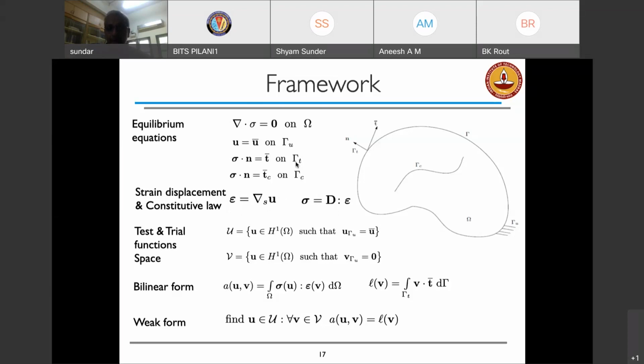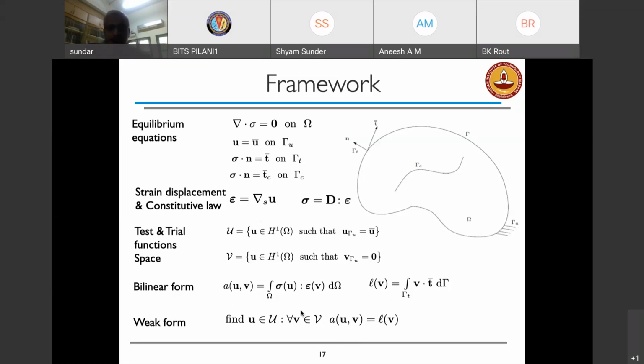And in numerical approaches, we convert the strong form into what is called a weak form, where we use a Bubnov-Galerkin type approach, where we take test and trial function spaces which satisfy the boundary condition, and by invoking the Gauss divergence theorem, we convert the strong form into the weak form. I'm not going into the detail of all these techniques, because I believe you have gone through this in your finite element lecture.